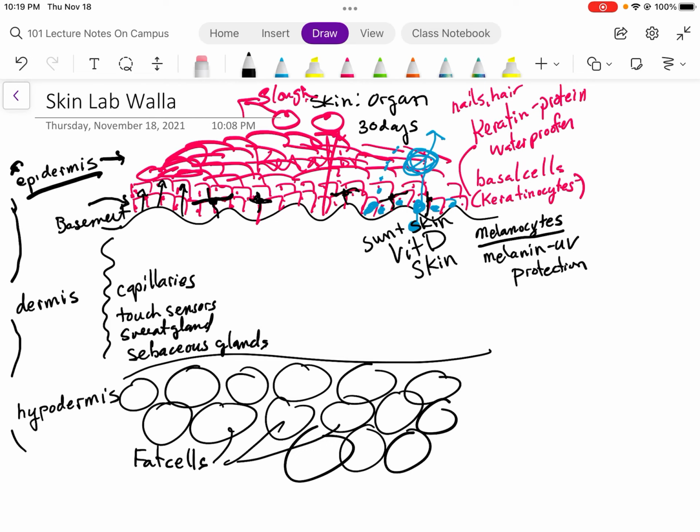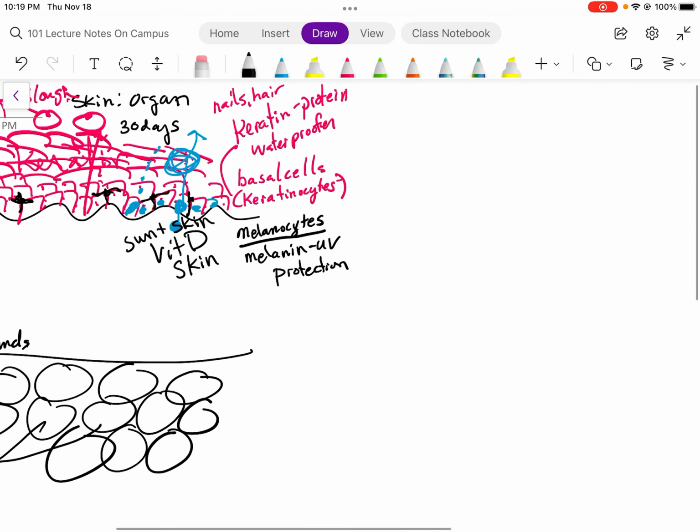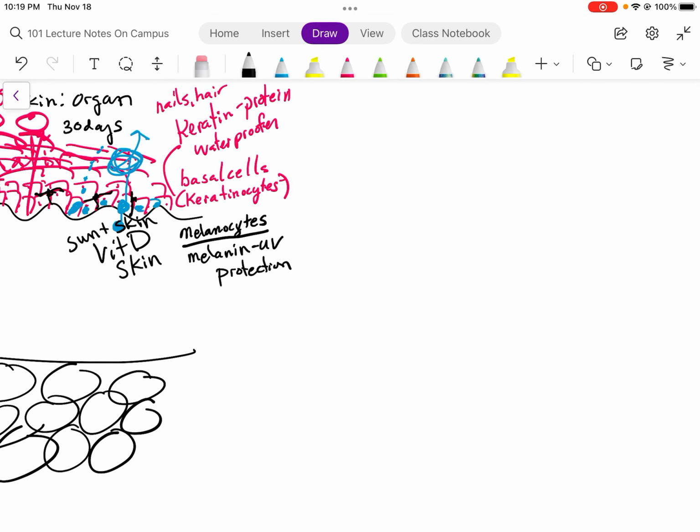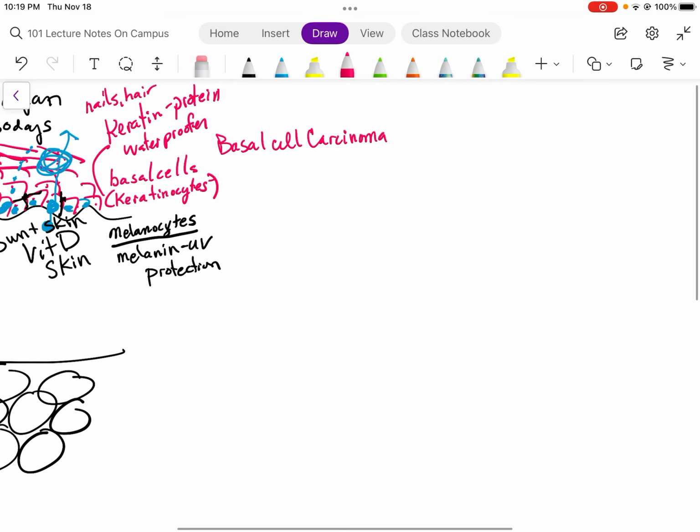Okay, we're going to move on. I should mention a couple of things. There are a couple of kinds of cancer out there that are going to be important. Basal cell carcinoma happens in keratinocytes, right?